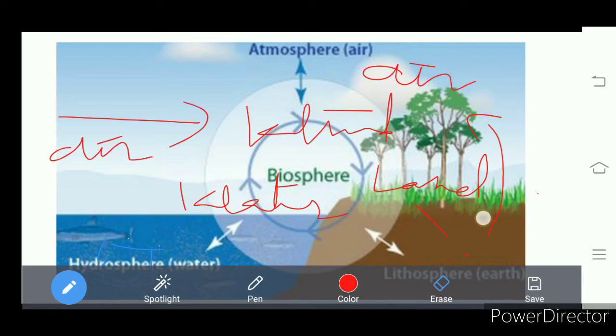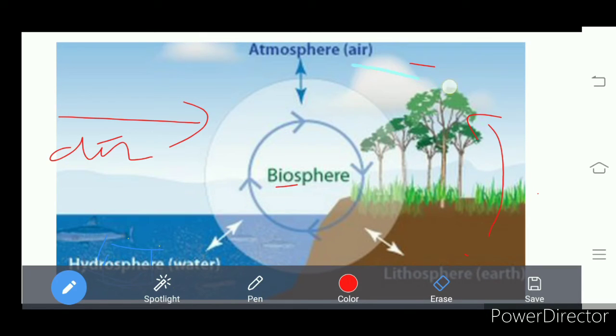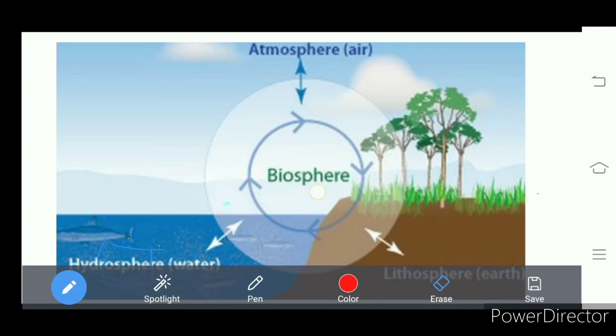So this is one sphere, what we call lithosphere, where we are living and where we find mountains, plateaus, which are called highlands, and some are lowlands that are plains, valleys, deep valleys. Some are deep basins which are filled with water, those are called oceans.